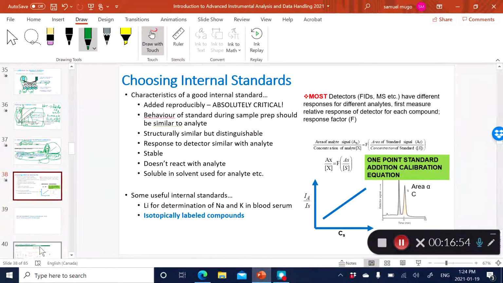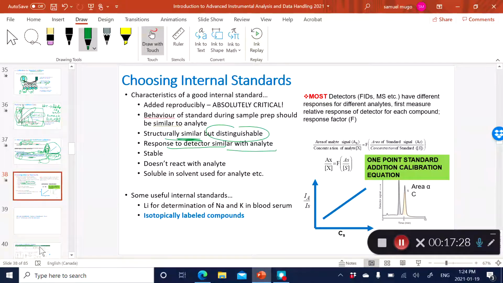So how do you choose the internal standard? The internal standard should be a chemical that you choose that is structurally similar, very, very close to the analyte that you're analyzing, but it should be distinguishable. Now, the other characteristic is that it should respond to the detector in the same way as the analyte.